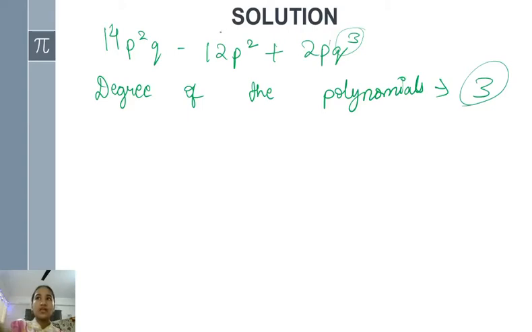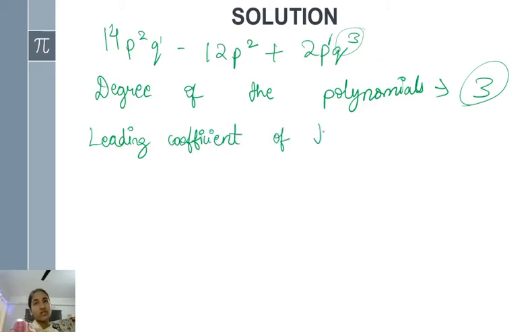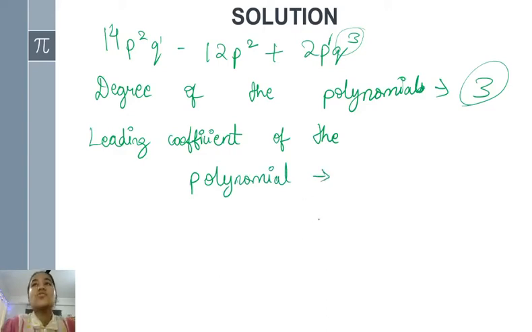We cannot take it as 4 by adding, because 3 is greater than 1. Okay, this is also 1. The degree of the polynomial is 3. Then what is the leading coefficient?